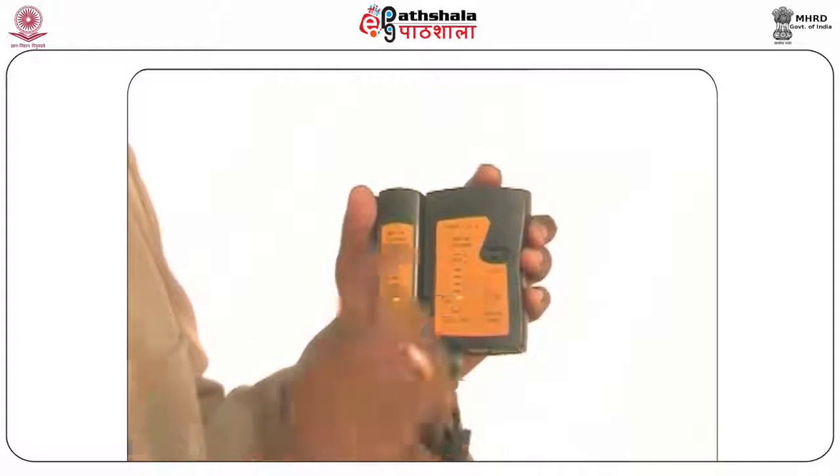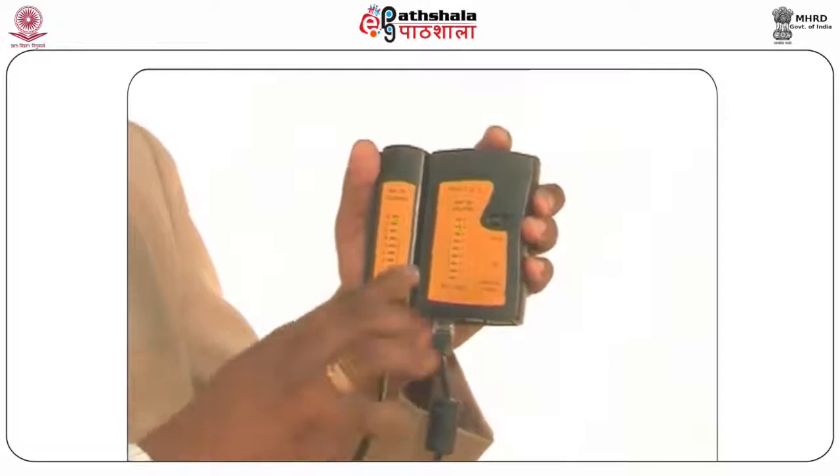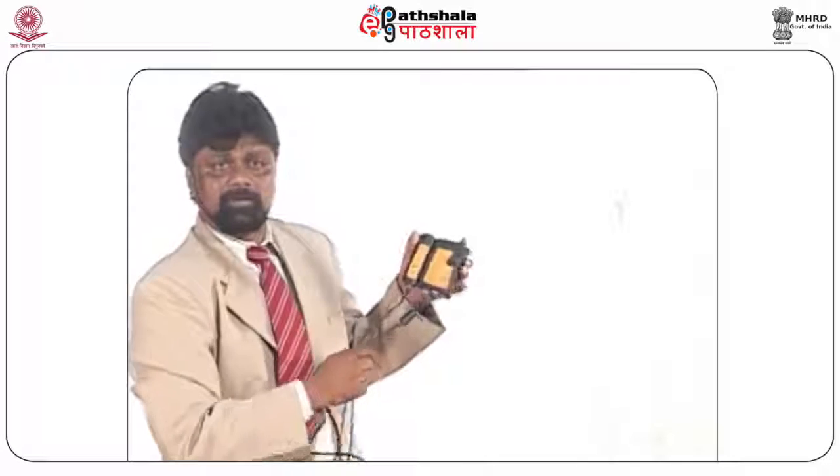If anything is wrong, it will show the number, so that out of 8 pair, if 1 pair has gone wrong, this cable cannot be used. So this is a cable tester used in networking. What I have discussed right now is the cable use, the connector use, the testing devices and the various categories of cables.